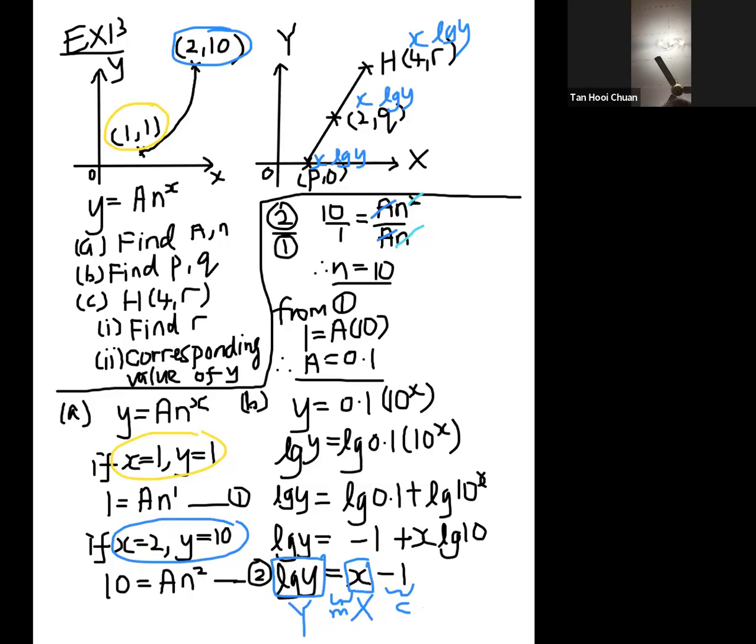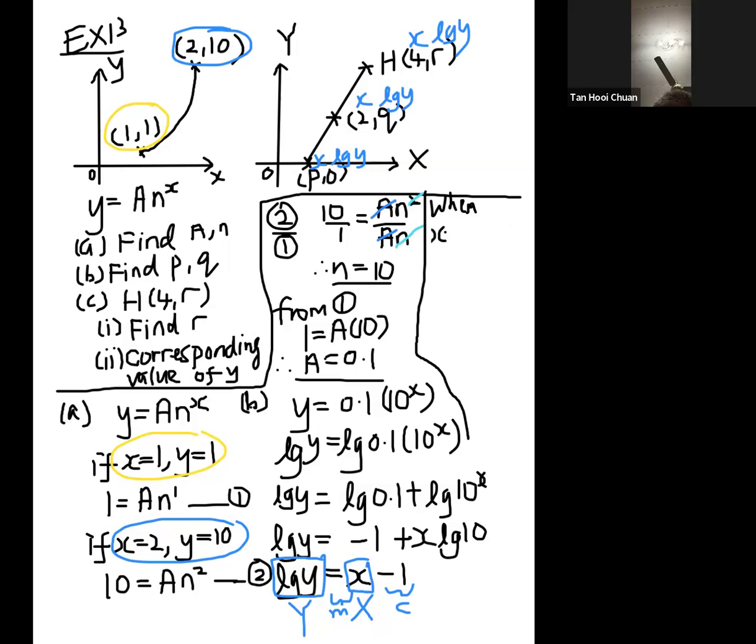Okay, so I want to find P and Q. Wow, the space is not really enough. Okay, when x equal to P, lg y equal to 0. I write down properly again.